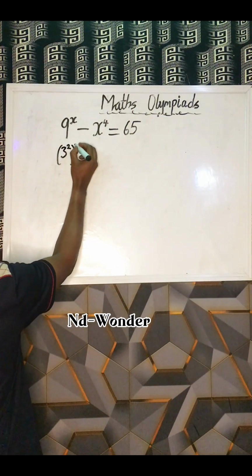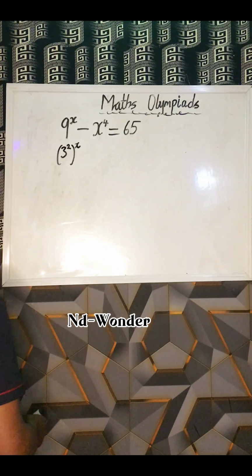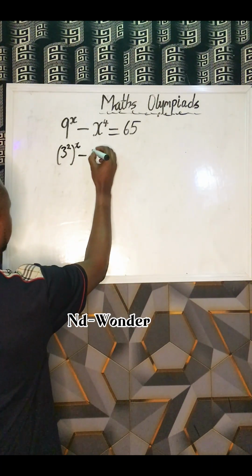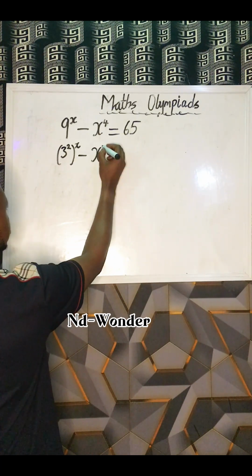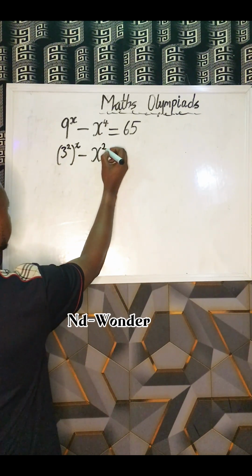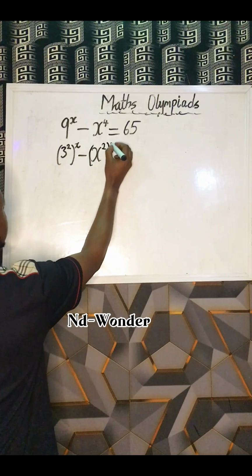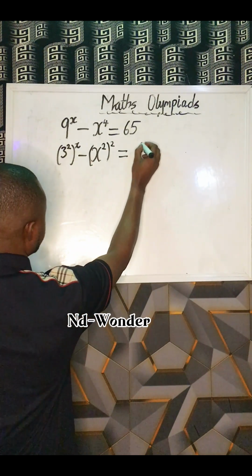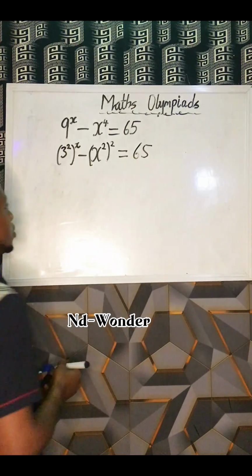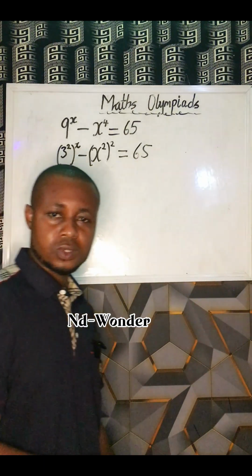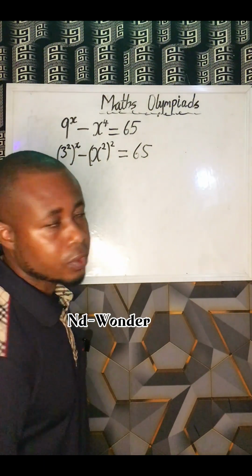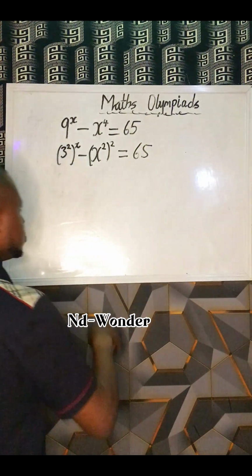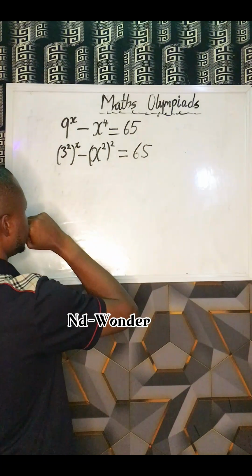Then this x is what you have here, raised to power x, minus x raised to power 2, then raised to power 2, which is equal to 65. Obviously 2 times 2 is what? 4. In that power 4, I decided to multiply the two values that will give you 4.